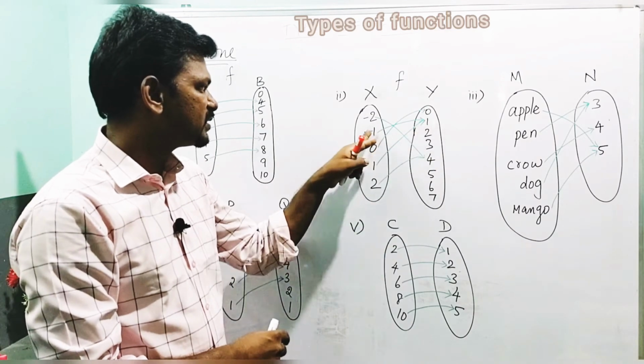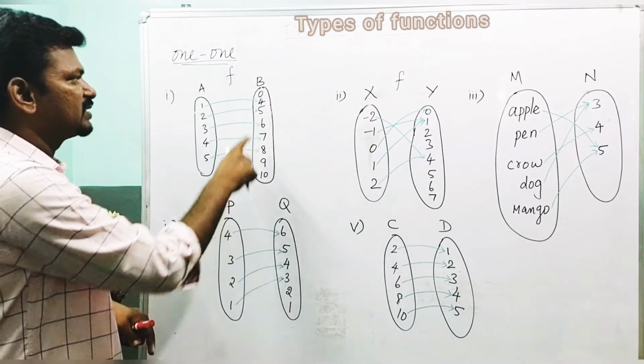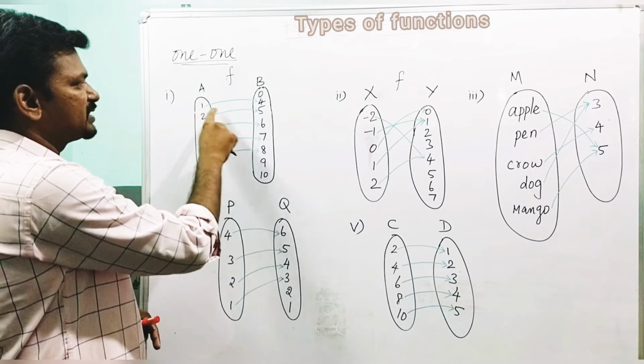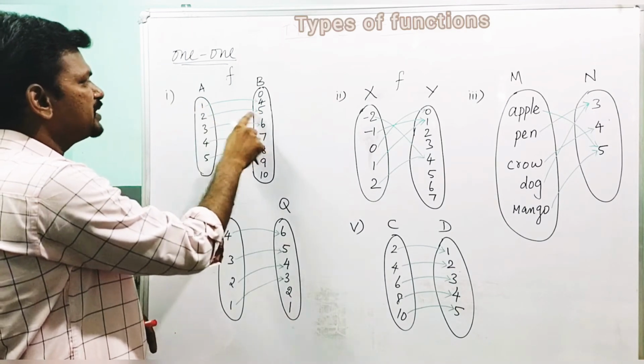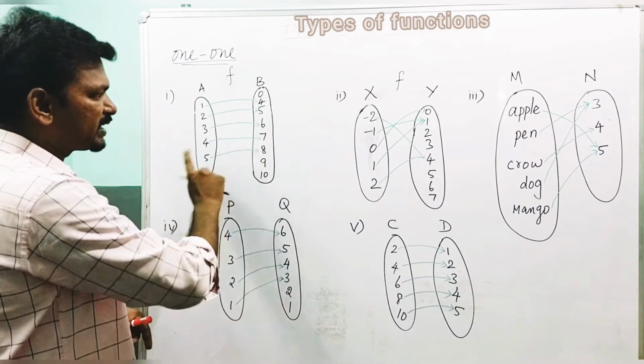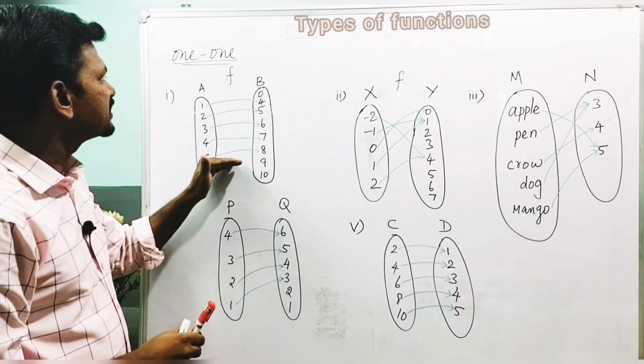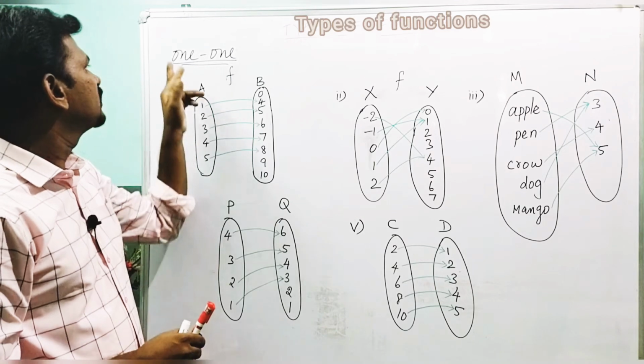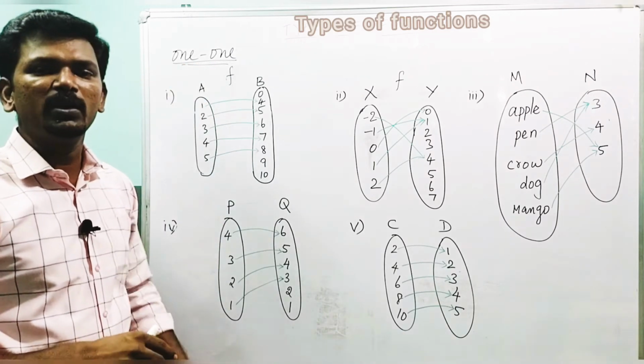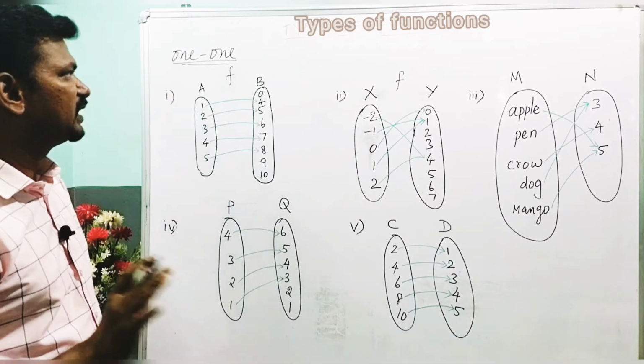Here it is not like this. 4 has only one pre-image, 5 has only one pre-image, a 1-to-1 connection. So this type of function is called a 1-to-1 function, 1-1 function. Understand?